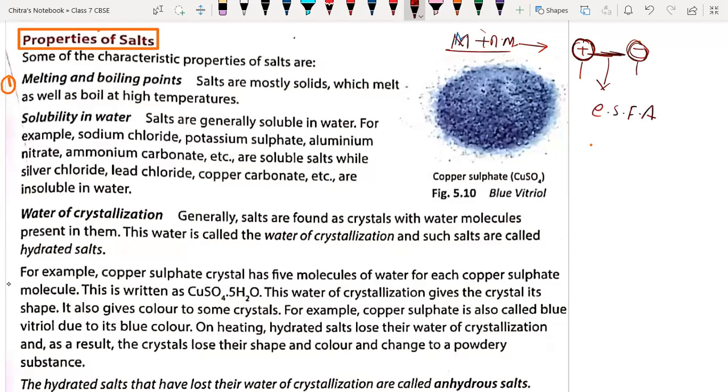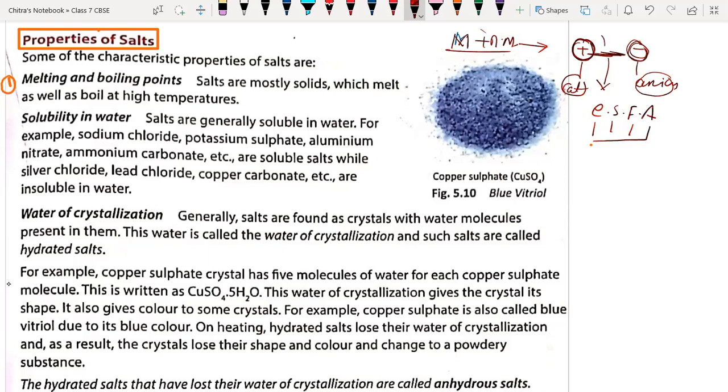The positive ion is called a cation and the negative ion is called an anion. So cation and anion are oppositely charged, and that's why they attract strongly to each other.